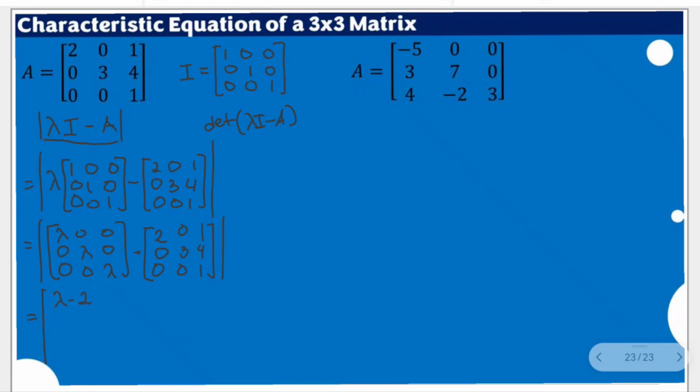Next entry is 0 minus 0, 0. 0 minus 1, negative 1. Next, 0 minus 0, also another 0 here. Lambda minus 3. Then, we have 0 minus 4, negative 4. Next, 0 minus 0, 0. 0 minus 0, another 0. And finally, lambda minus 1. So, this is now the matrix that is formed by this expression.